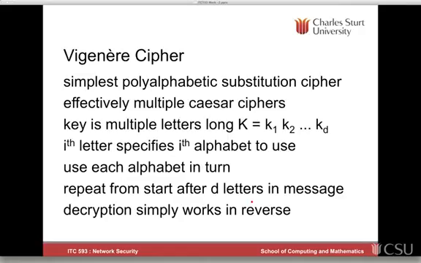Each cipher is denoted by a key letter, which is the ciphertext letter that substitutes for the plaintext letter A. You'll see in this figure the key is multiple letters long, K1, K2, up to Kd, and the ith letter specifies the ith alphabet to use.